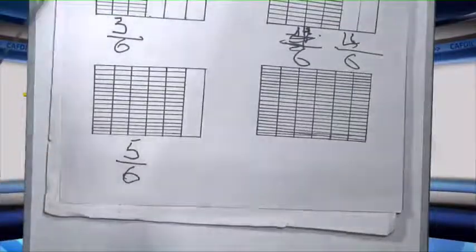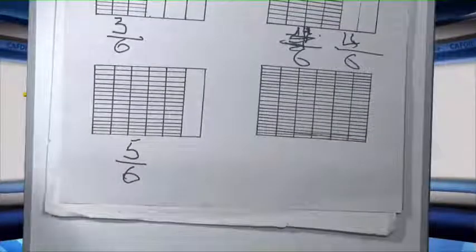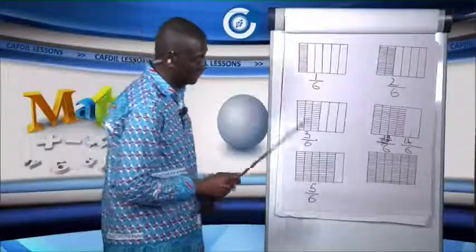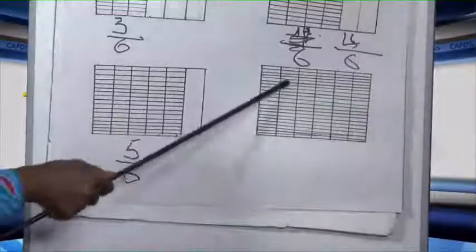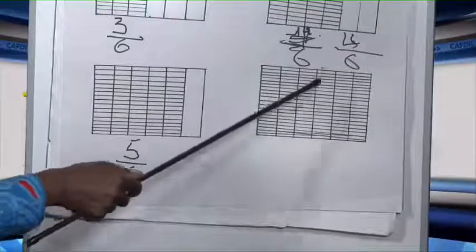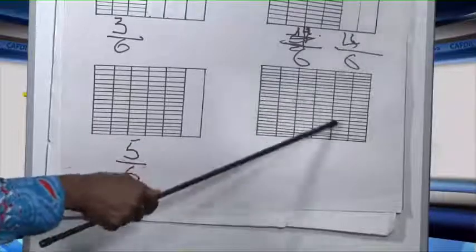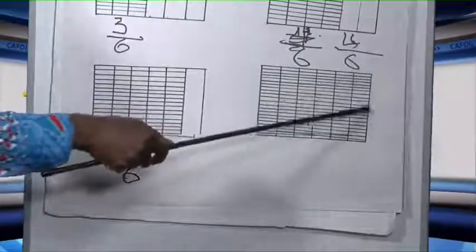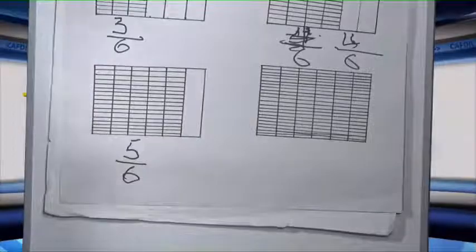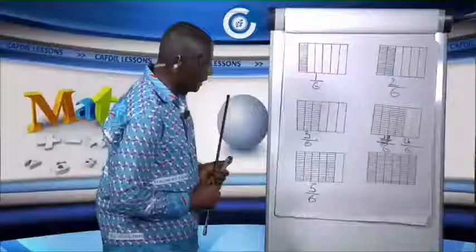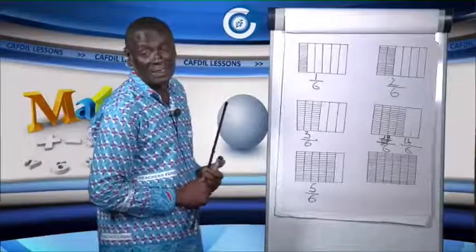Another rectangle. How many parts do we have in it? 1, 2, 3, 4, 5, and 6. Let's look inside the rectangle again. How many parts have been shaded?